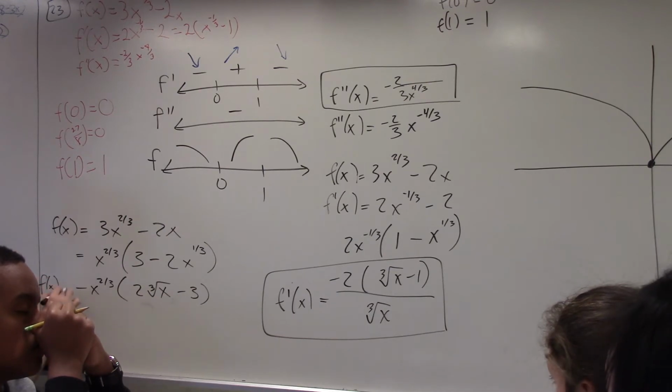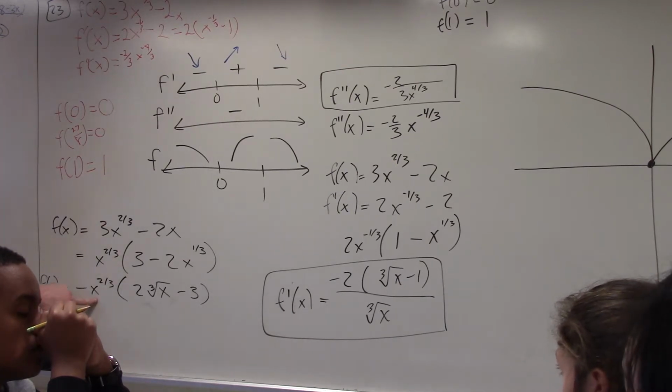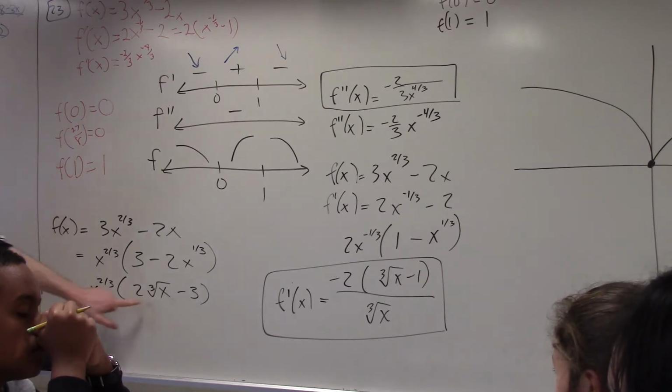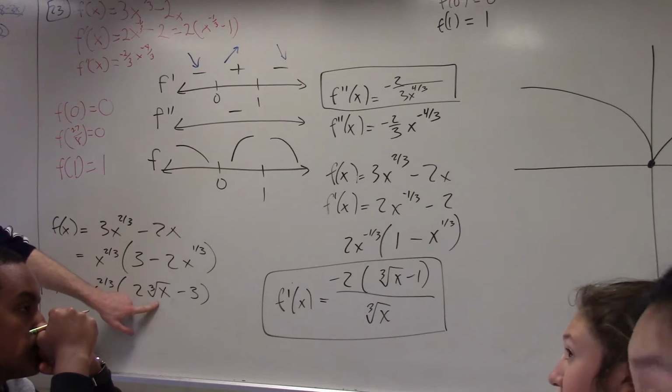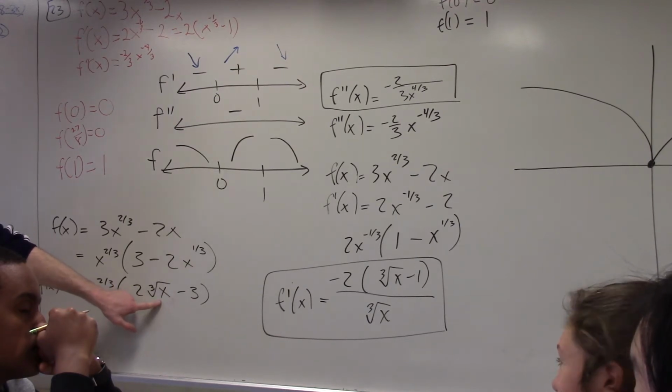So actually, if I was kind of smart and didn't even know any calculus, I bet I could still sort of guess what this function was like. Because it's going to be locally sharp at 0. And it's going to have a root whenever this is 0. When is this 0?